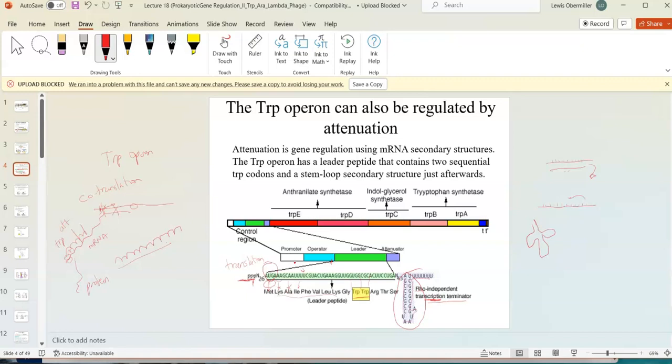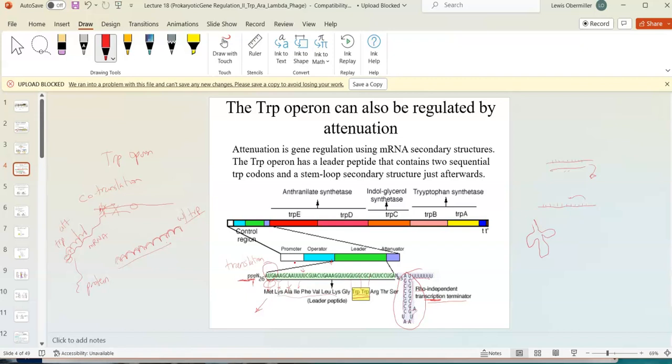And I'm not going to get into the details of this, but what you should know is that if there's tryptophan, we don't need trp. There's already trp there. The ribosome is going to continue on reading the codons and making the protein. And all of these are needed for biosynthesis of tryptophan.